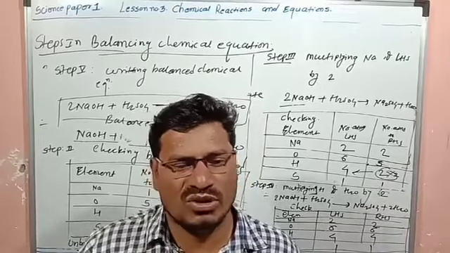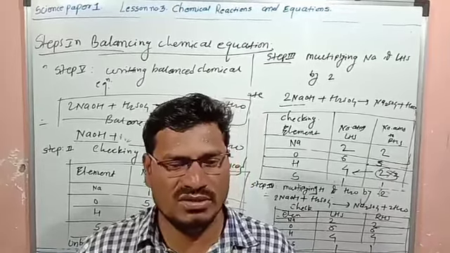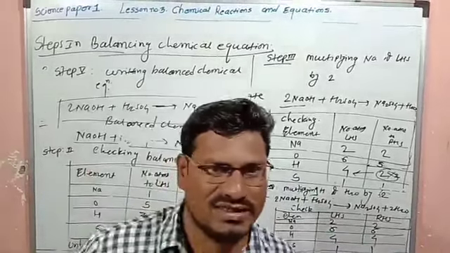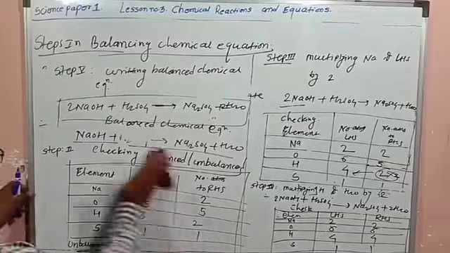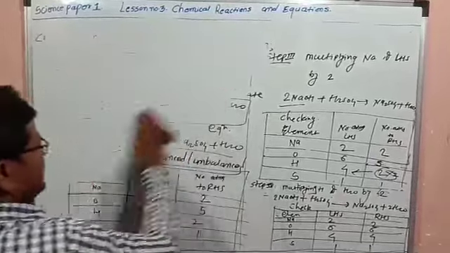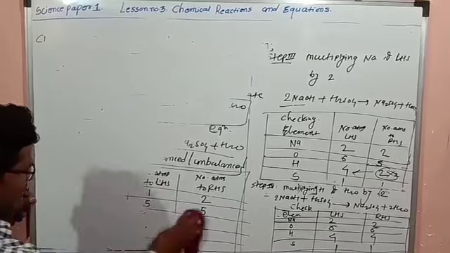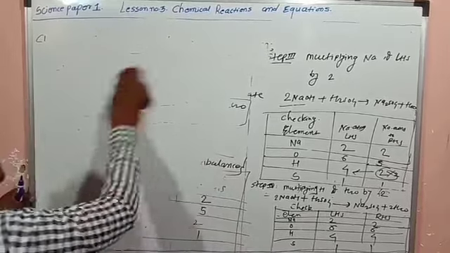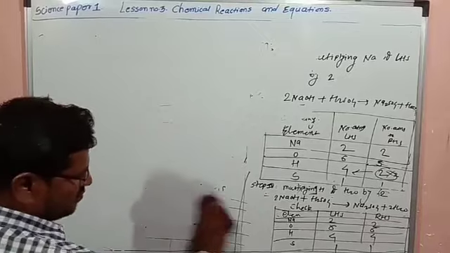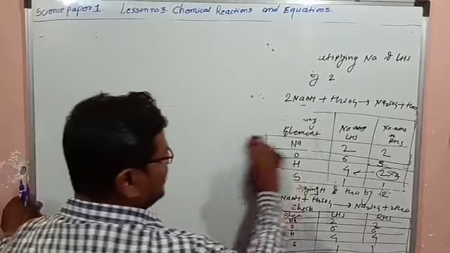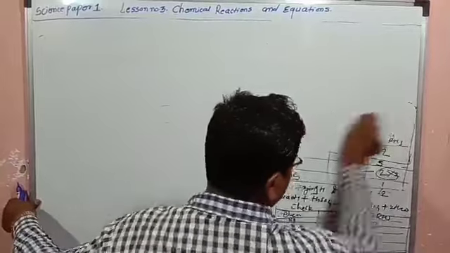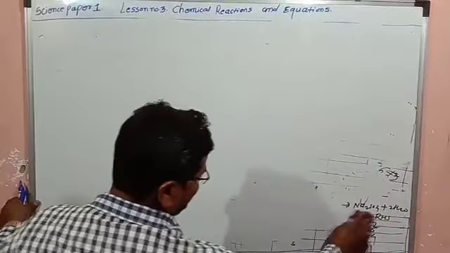So next point we are going to study is Use Your Brain Power, in which some questions are asked. In that, one example is there. First example is N2 plus H2, nitrogen plus hydrogen, and it gives NH3, ammonia. That example we are going to take.